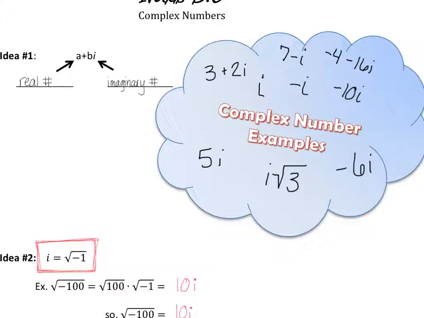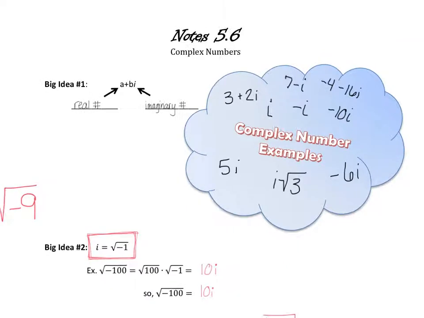On your homework, there are going to be problems that aren't exactly like what we did. It's going to ask you to simplify and then put it in this structure. That means make sure the real number comes first and anything with an i goes last. Okay? It's still just simplifying, but they just want you to practice putting it in this structure. The i always goes last, or the one with the i.